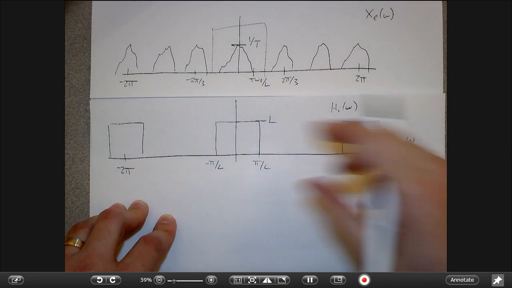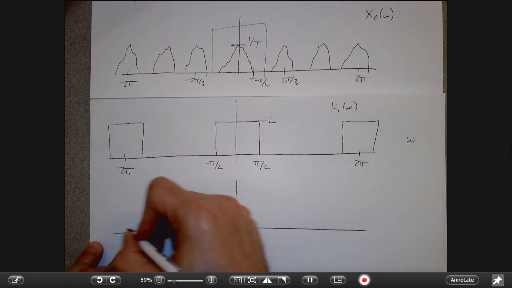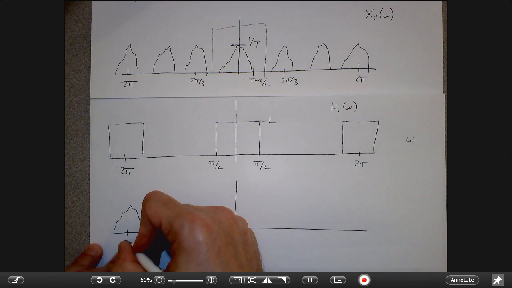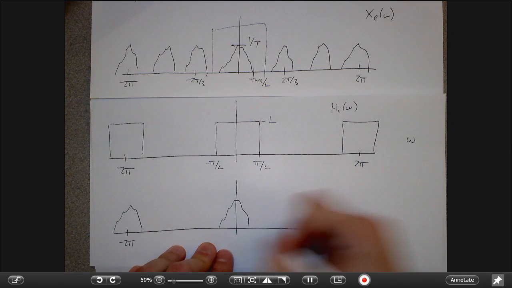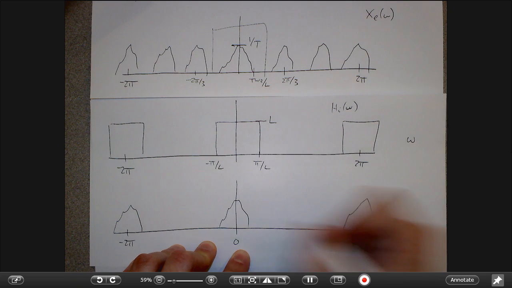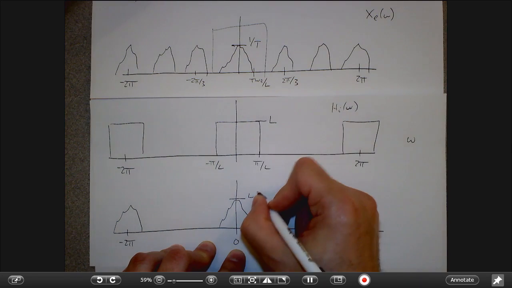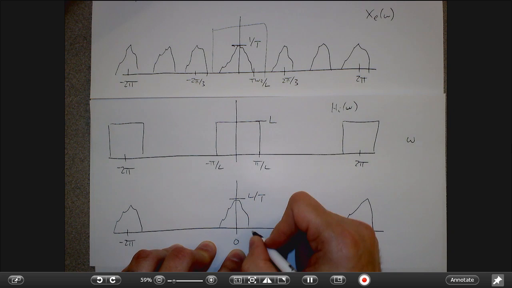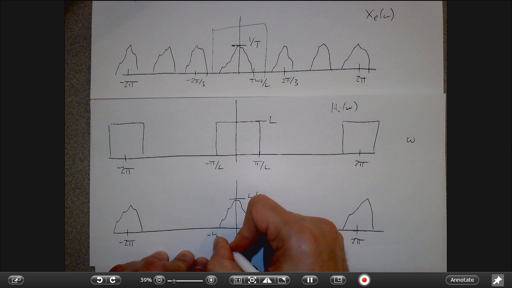And now when I multiply this by that, what I get is just skinny copies that are centered at multiples of 2 pi. The height of these copies is going to be the L from here and the 1 over T from there. And then these guys are going to be omega B T over L wide.